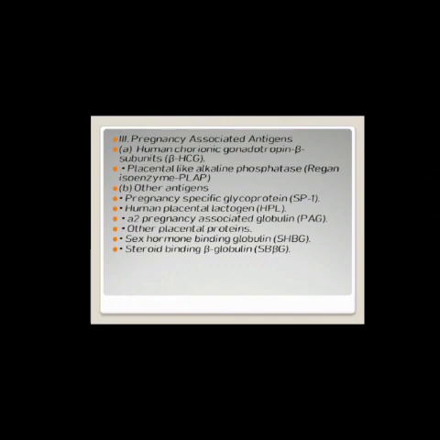And pregnancy associated antigens: beta hCG, beta SCG, human chorionic gonadotrophic hormone, placental-like alkaline phosphatase isoenzymes, and other antigens such as pregnancy specific glycoprotein, human placental lactogen, A2 pregnancy associated globulins, sex hormone binding globulin, and steroid binding beta globulin.